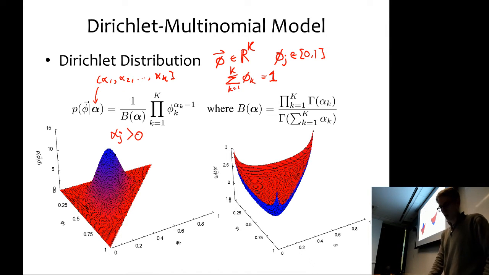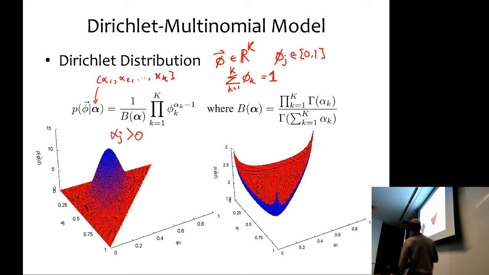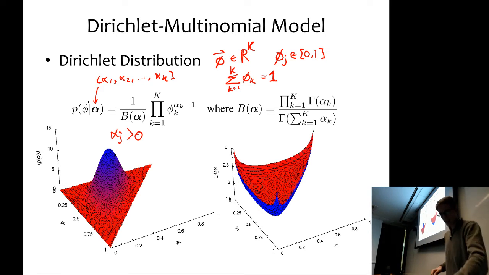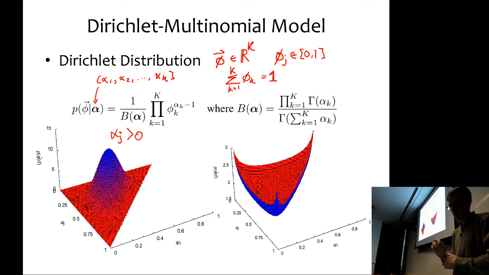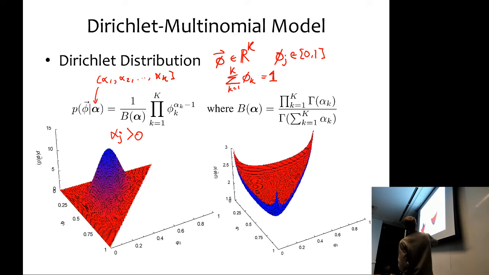You could think of the alphas as essentially giving us sort of weights for the different classes. And so here we can actually visualize the Dirichlet for 3 different values of alpha in just this 2-dimensional space.